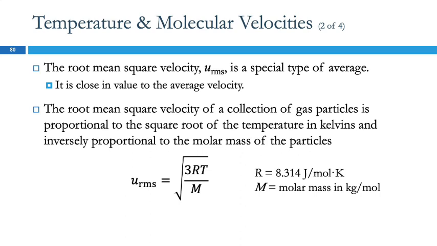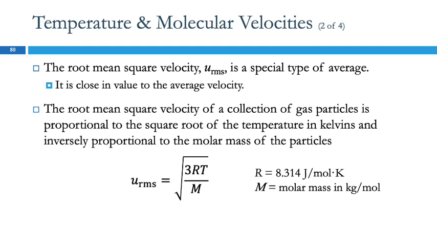So we talk about the average kinetic energy, and so we're going to talk about the average velocity. What we usually use is the root mean square velocity, symbolized u_rms for root mean square. It's a special kind of average, but I give you permission to just think of it as an average.